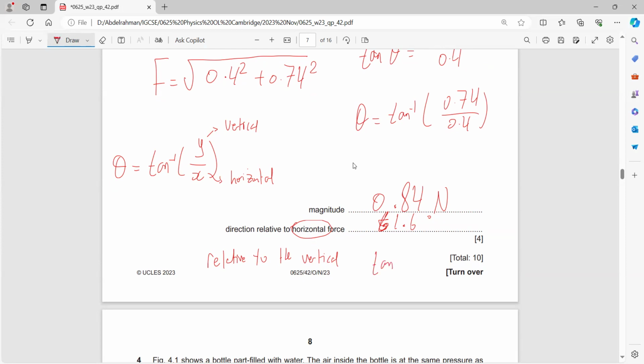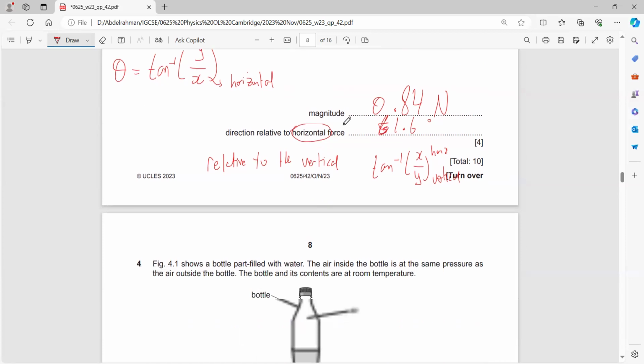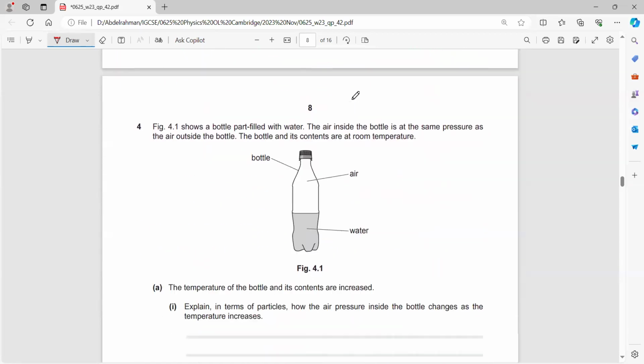I will say tan inverse x over y, the horizontal over the vertical. Most of the cases he says find the direction relative to the horizontal, and that's why we say tan inverse of the vertical component over the horizontal component.